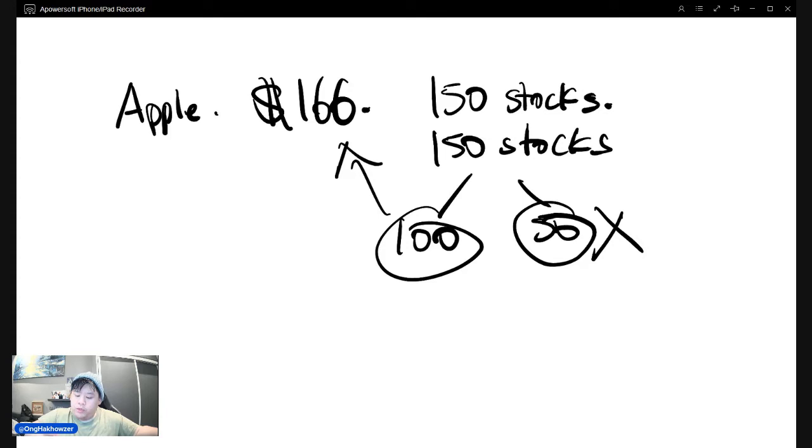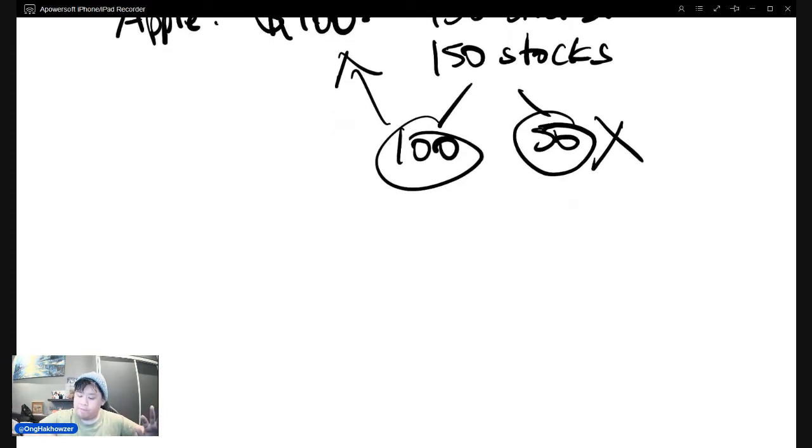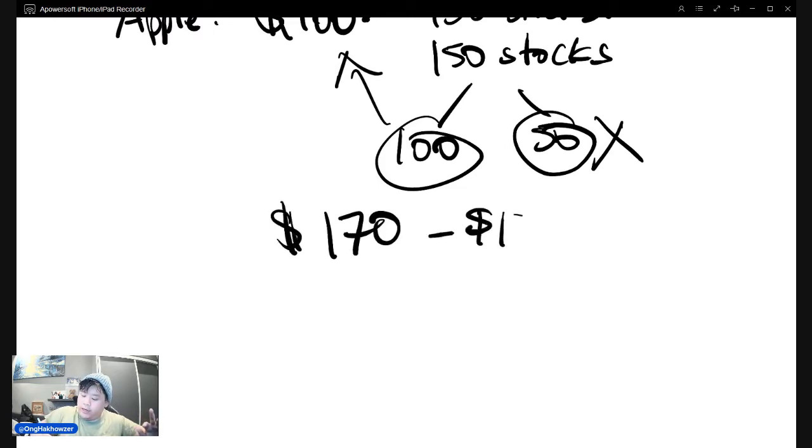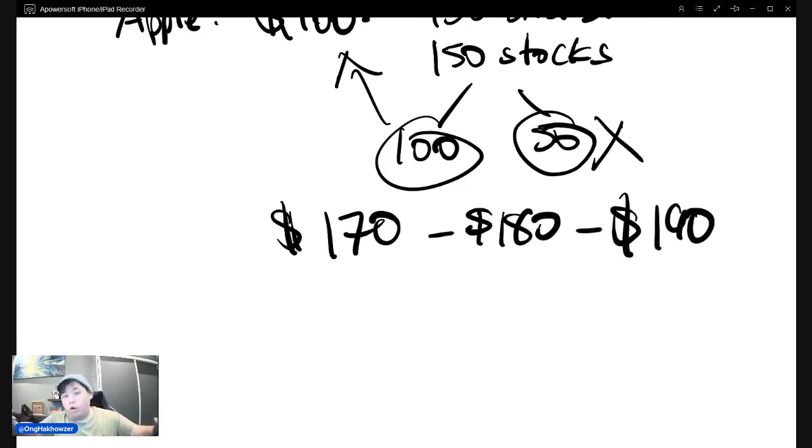So currently, we see that Apple is at $166, okay? So what I would do is I would look at $170, $180, and $190 call options for me to actually get for the worth of Apple. So right now, if I'm looking at the options for Apple at the moment, let's look at calls for Apple.